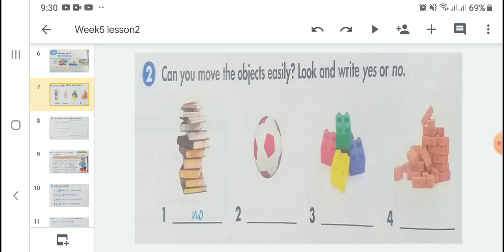So write yes in the given box. In the third picture, you have seen blocks. You can move them easily. So write yes in the given blank. In the fourth picture, you have seen a lot of bricks. They are very heavy and you cannot move them easily. So write no in the given blank.